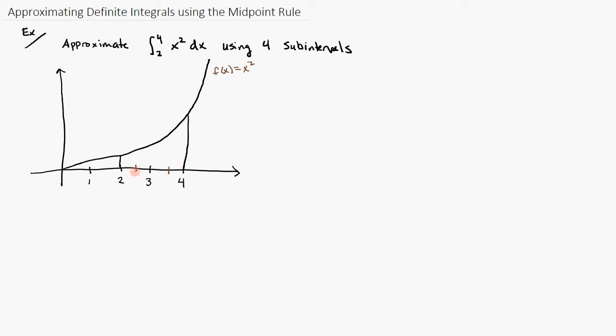This point is going to be at 2.5, and this is going to be at 3.5. We're going to try to compute the area of this region using rectangles, as we usually do.